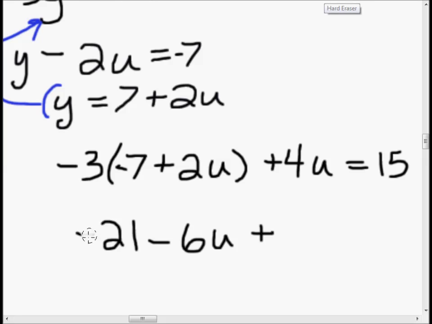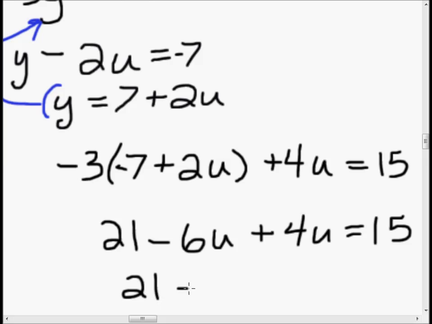Something didn't quite seem right. So negative 3 times negative 7 is 21. Negative 3 times 2u is 6u plus 4u. Everybody makes mistakes. It's okay. Equals 15. So let's keep on going.